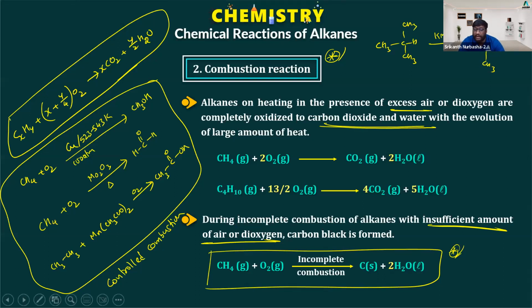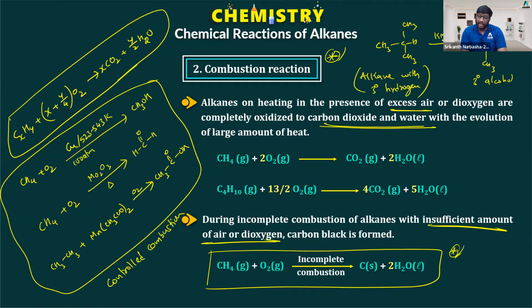So alkanes having tertiary hydrogen will form tertiary alcohols. You have to remember these conditions. Under different types of catalysts, we are getting different types of products. Alkanes with a tertiary hydrogen will react with KMnO4 to form tertiary alcohol. Is that clear, students?